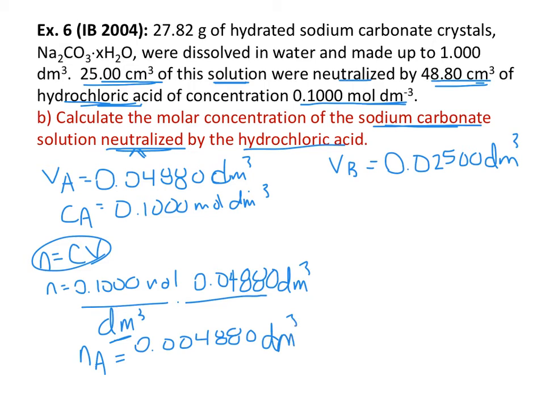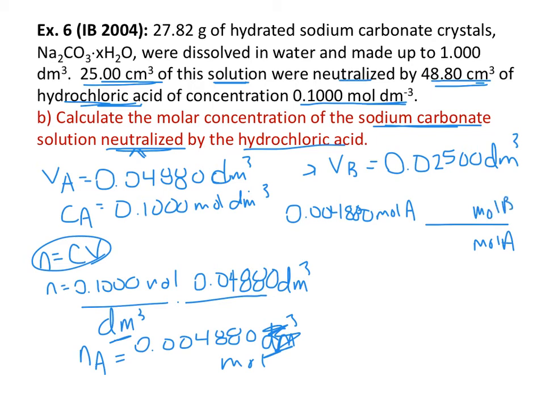So then the next thing that I need to do in order to move over to the base side is to convert acid to base. So that's a mole ratio. I'm going to take my 0.004880 moles of the acid. The decimeters cubed canceled. So I'm going to put mole of acid on the bottom, mole of base on the top.